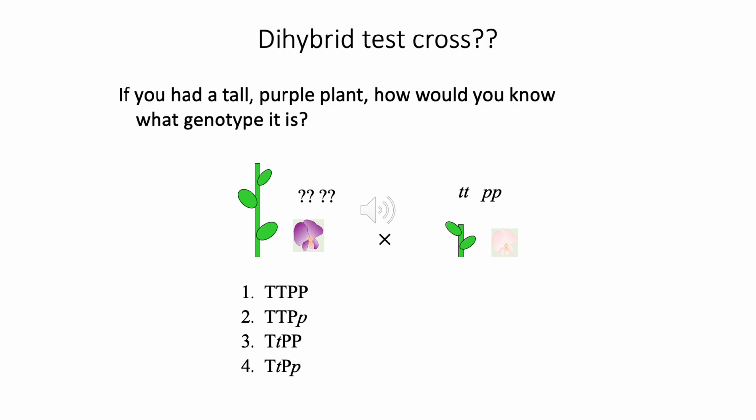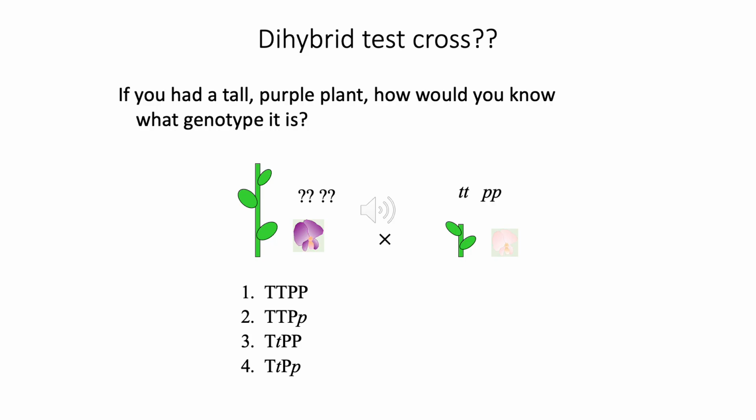So here is the dihybrid test cross. Similarly, if you have a tall purple plant, how would you know the genotype behind it? There are four possible genotypes for this tall purple plant.